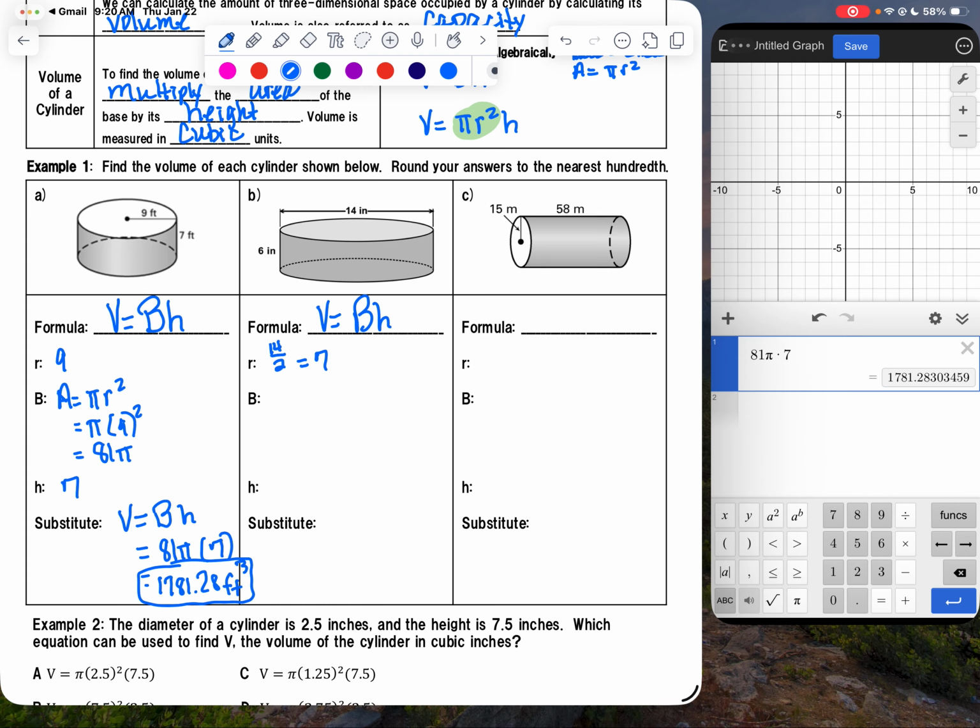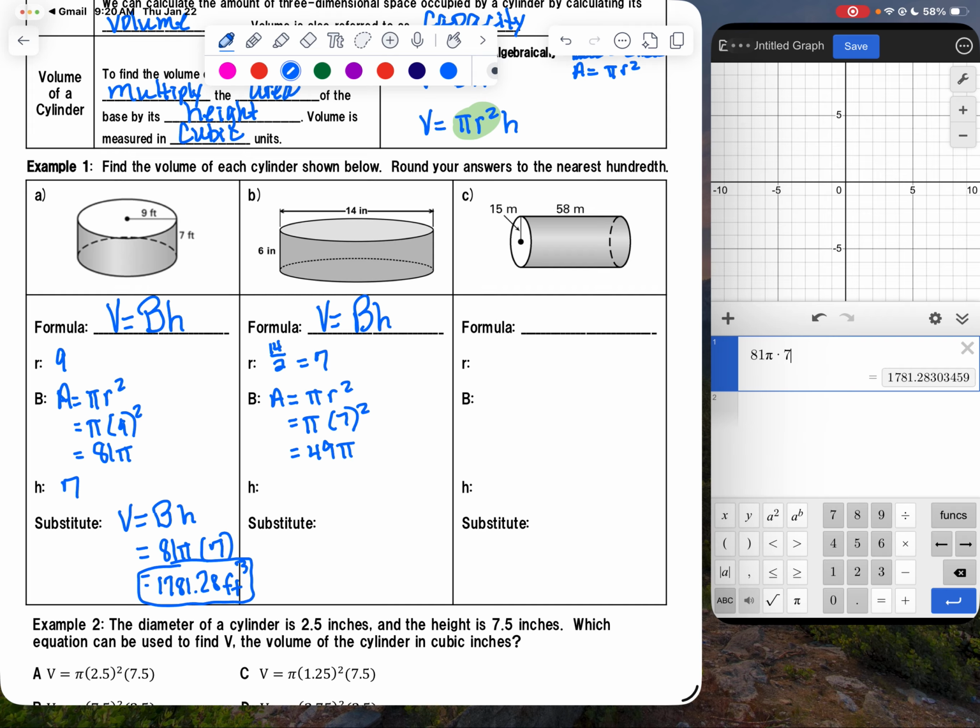Now, big B, remember, stands for area of the base. So area of the base is pi r squared, which would be pi times 7 squared. 7 squared is 49, so the area of the base of the cylinder is 49 pi square units.